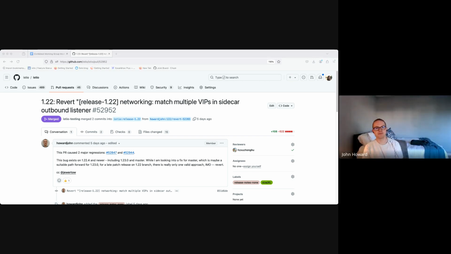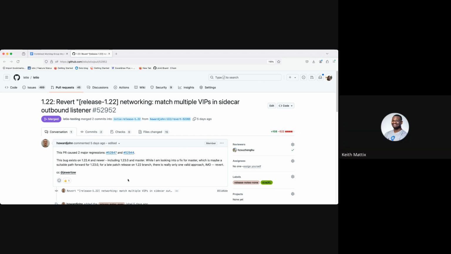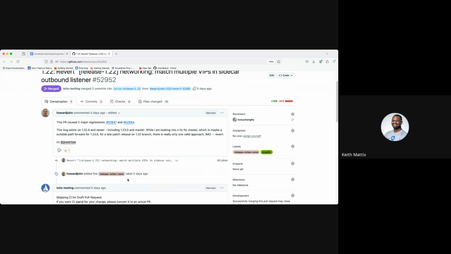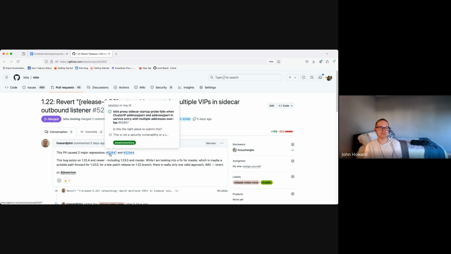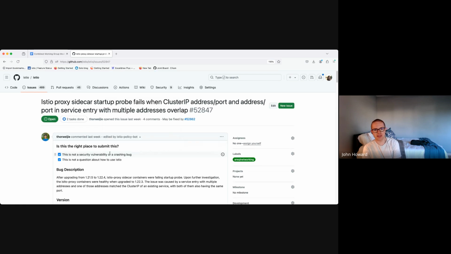Briefly, what's the use case for having a CIDR range associated with a host name in service entry? I don't know, that's a good question. It's effectively a match on a CIDR range to go somewhere.